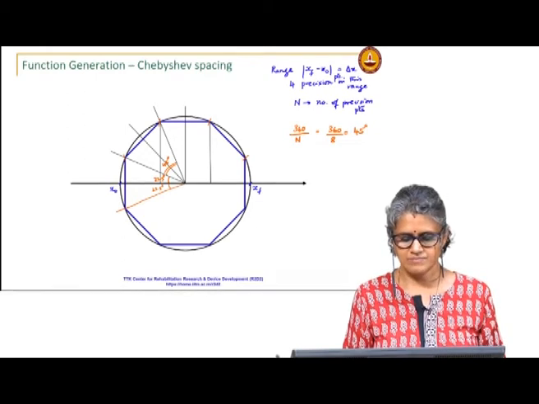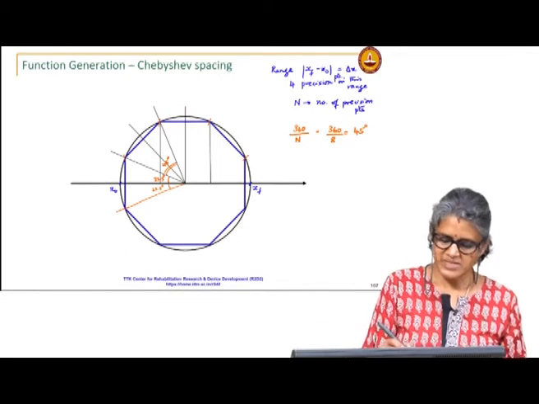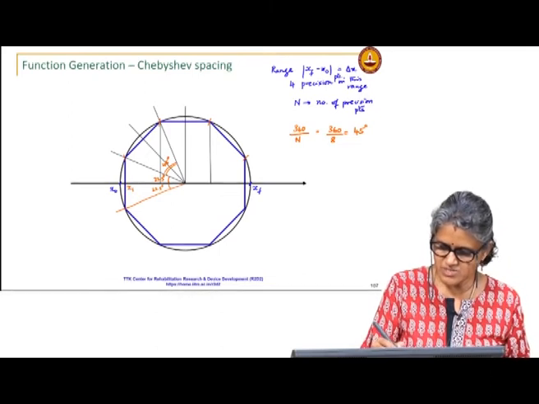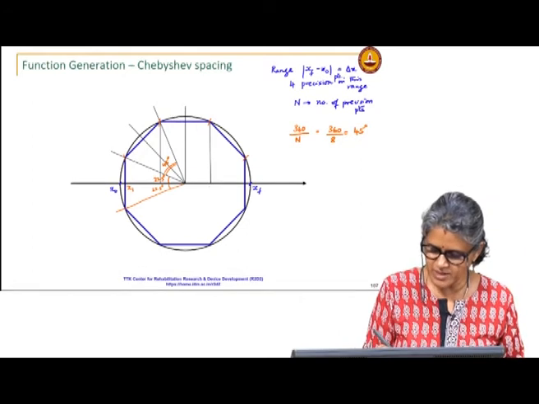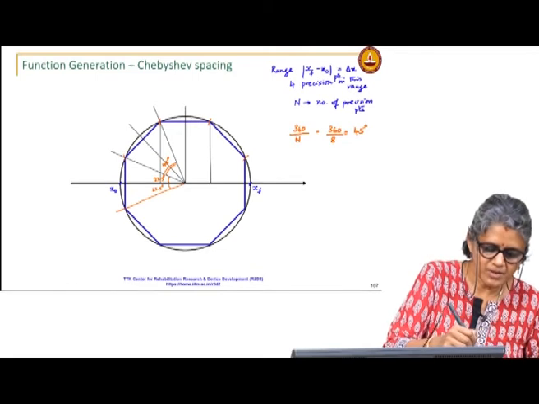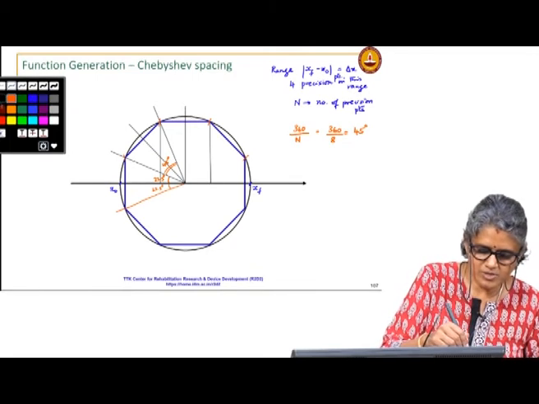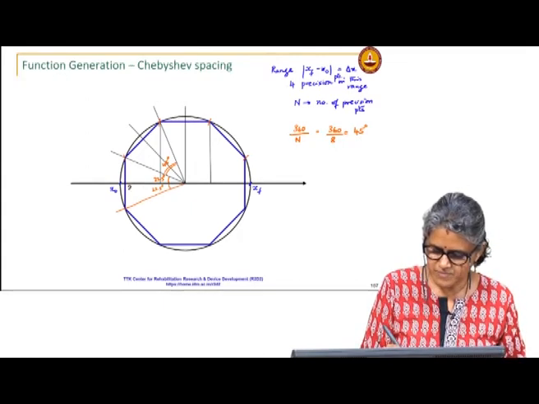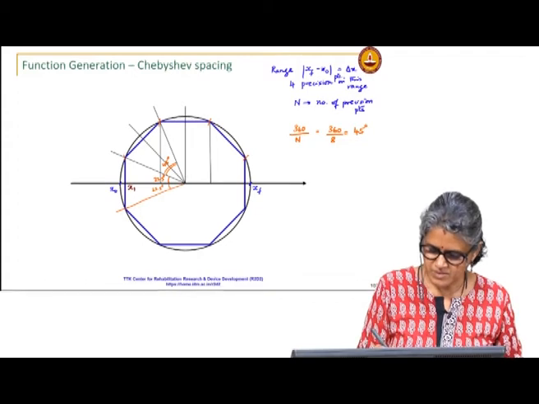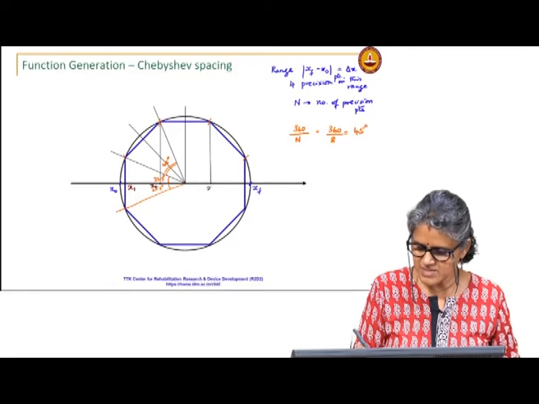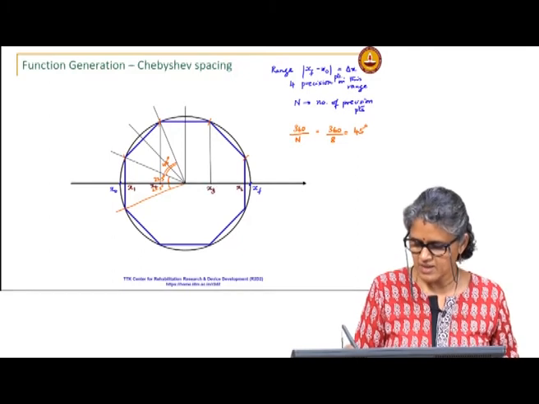Then my precision points are these. From the vertices of the polygon, I drop perpendiculars to the horizontal. This would be x1, this would be x2, this is x3, and this is x4.